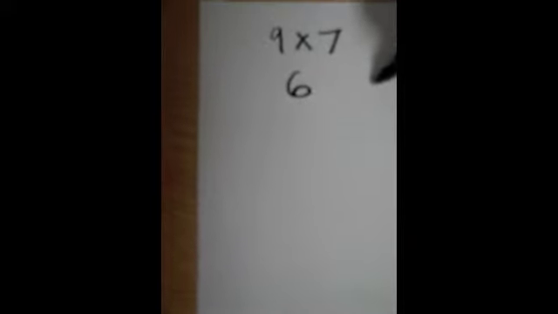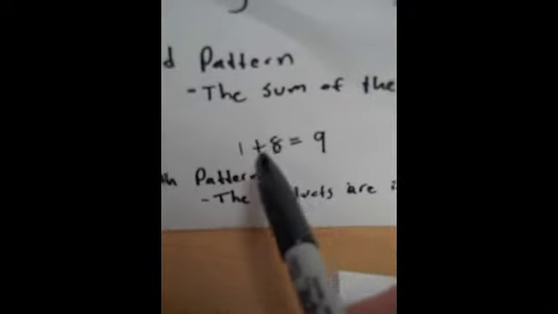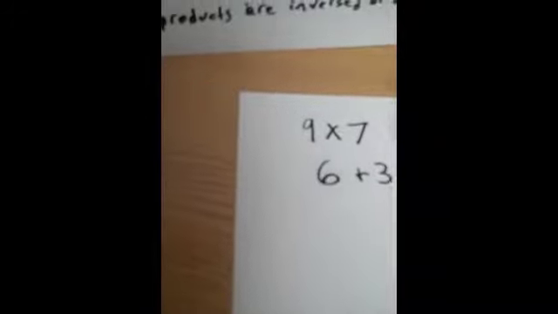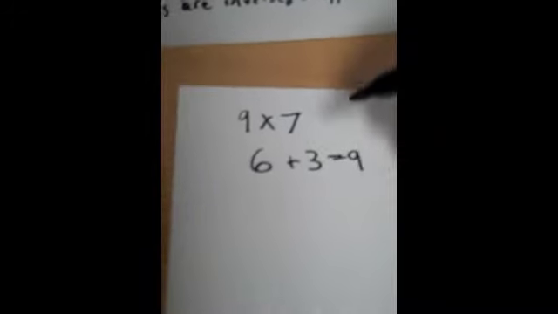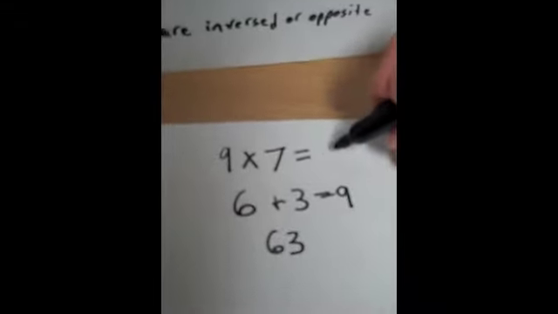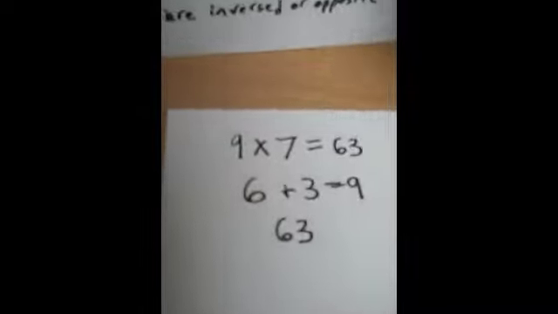Now 6 plus what equals 9? That would be our third pattern, which is saying that the digits will always add up to 9. So 6 plus 3 equals 9. If you put those numbers together, they are 63. So 9 times 7 equals 63.